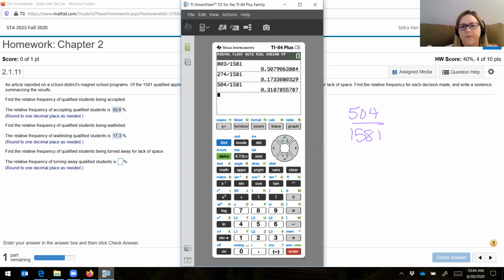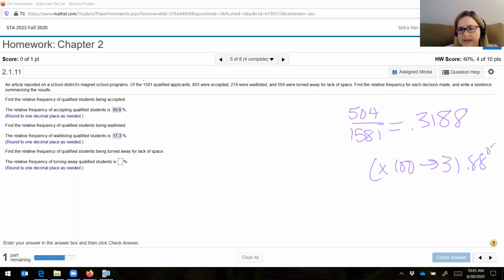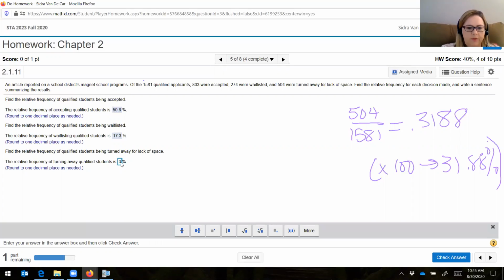So we're going to call that 0.3188. 0.3188 goes right here. Okay, so I'm going to move the decimal over 2 places, right? Because I times by 100, and that gives me 31.88%. Now, I'm rounding to 1 decimal, so I look here, and it's bigger than 5, so I round up that to 9. So I'm going to make that 31.9%.